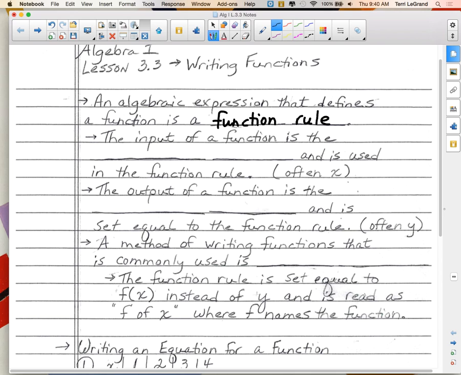an algebraic expression does not have what? Expression. It does not have what? I can't hear you. An algebraic expression does not, well maybe, somehow, figure it out.